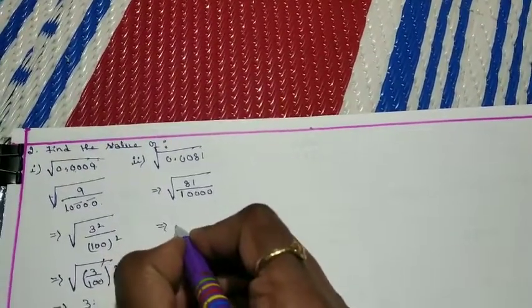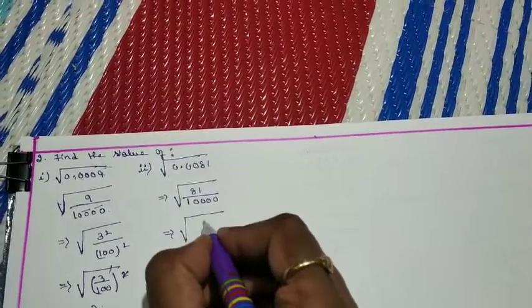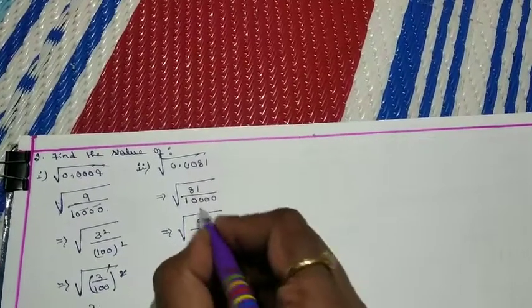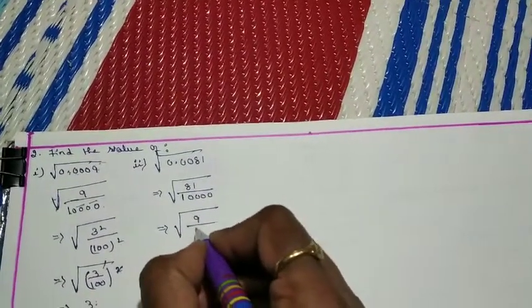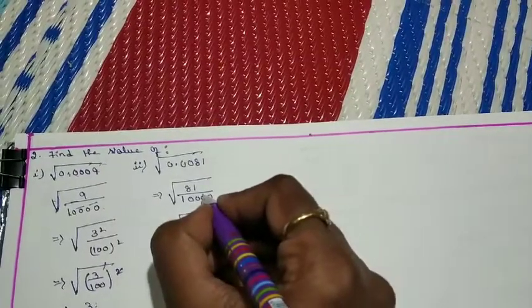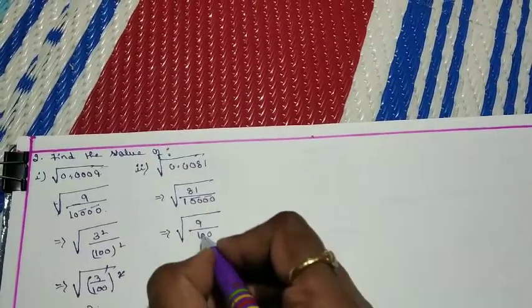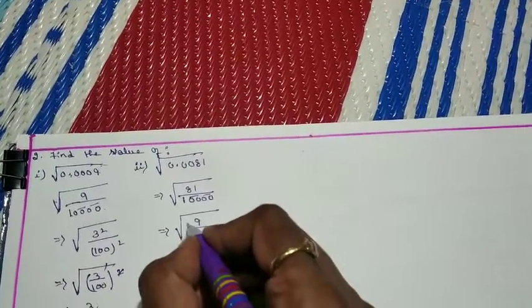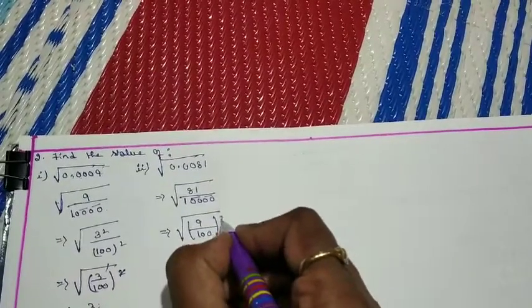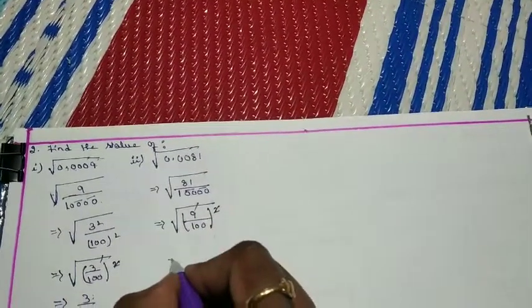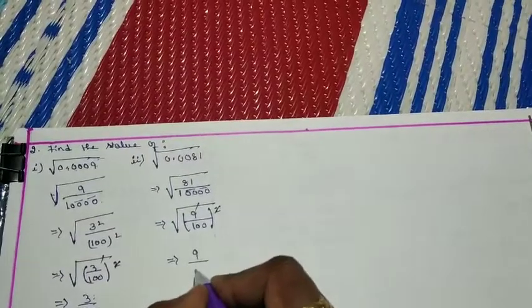We know that 81 is a perfect square of 9 and 10,000 is a perfect square of 100, because we have 2 periods of zeros. So 1 followed by 2 zeros, 100 square. Then whole square, square and root get cancelled. Then the answer is 9 by 100.